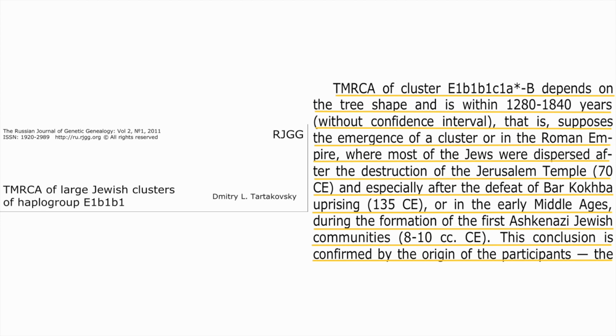That supposes the emergence of a cluster either in the Roman Empire, where most of the Jews were dispersed after the destruction of the Jerusalem Temple in 70 CE, and especially after the defeat of the Bar Kokhba uprising in 135 CE, or in the early Middle Ages during the formation of the first Ashkenazi Jewish communities.